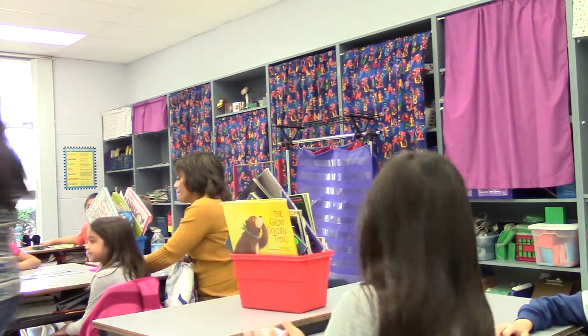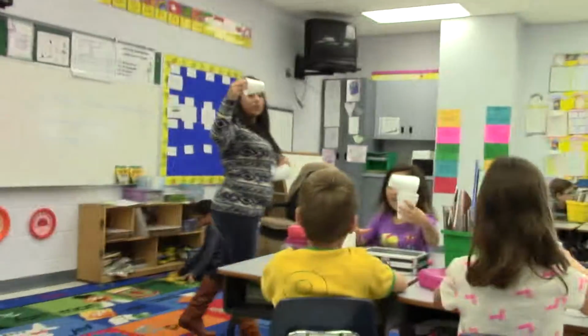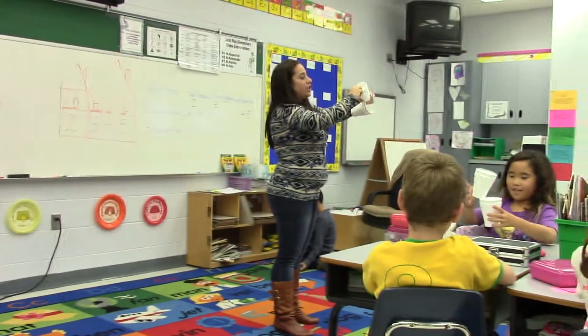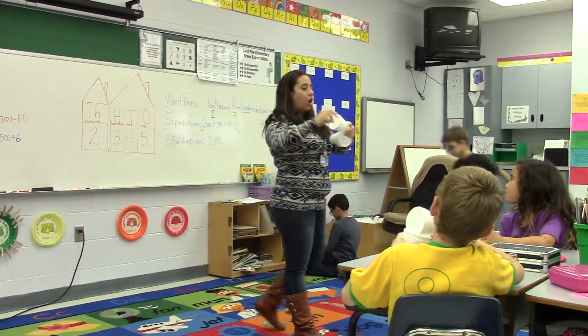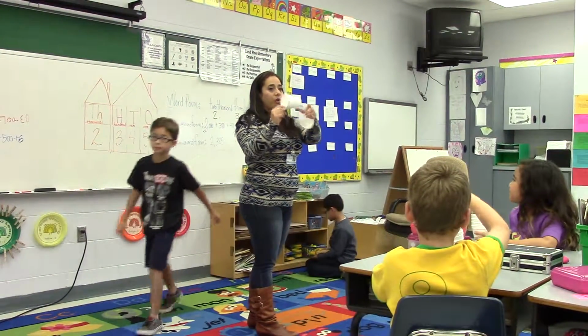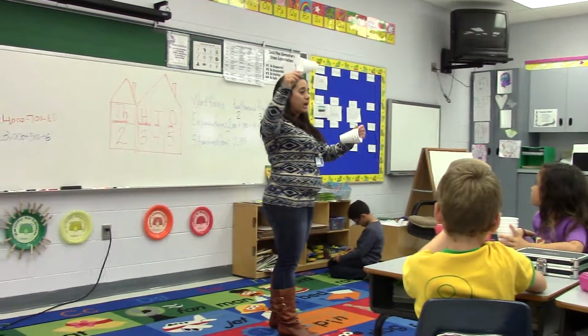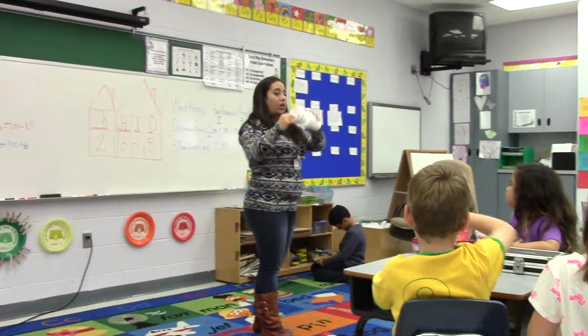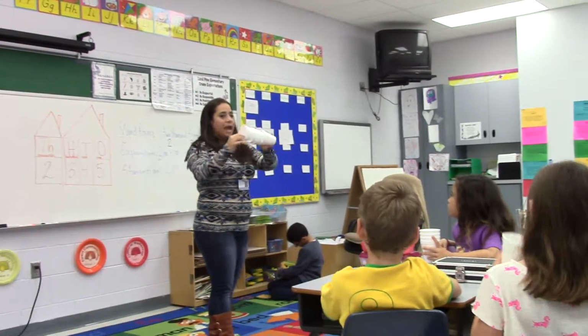You're going to be writing numbers on the edge of your cup when you get your markers. You're going to start from 1 to 10 all the way around. You see how I wrote mine? Yeah. And you're going to do it on each cup that you get. It's going to be on the rim, sideways.